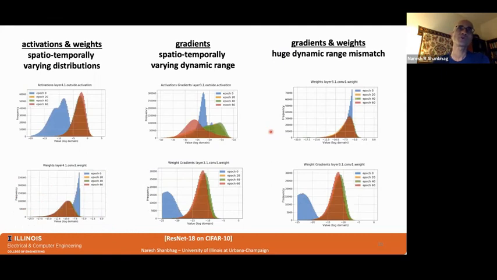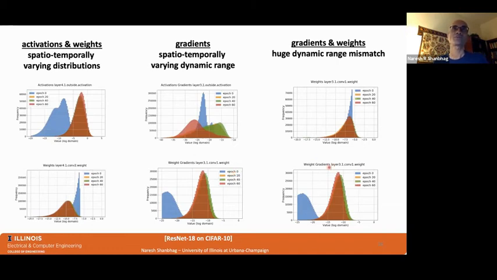What makes fixed point training hard is, number one, the distribution I showed you earlier when we were discussing the dot product. That distribution is not static, it is non-stationary, it changes over time. Both activations and weights have distributions that start off at one point in the first epoch and then keep changing their shape dramatically. Same thing with gradients. They have dynamic ranges that are widely different in the first epoch versus the last one.